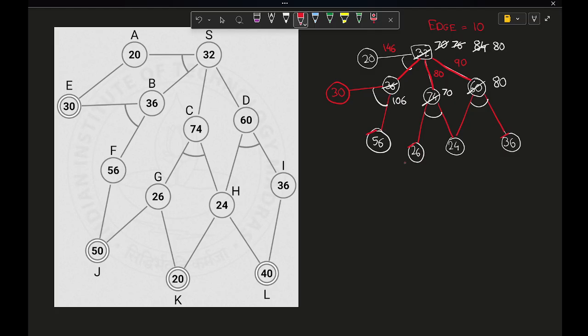Now we expand this, and that leads us to a 50 down here and a 20 down here. So now this thing becomes 30 and it gets solved. Now because this is 30, that is 54 plus 20, we are back to 74.